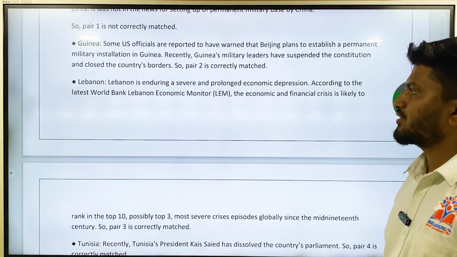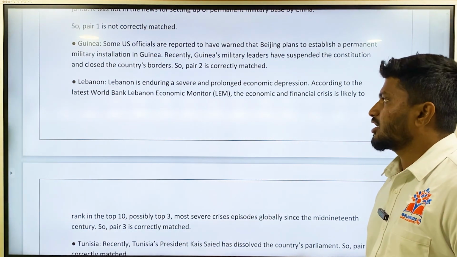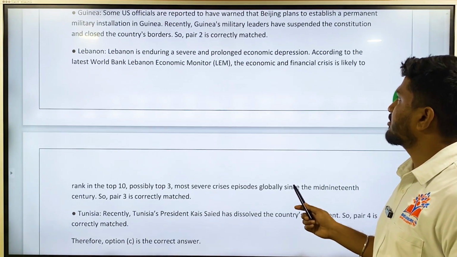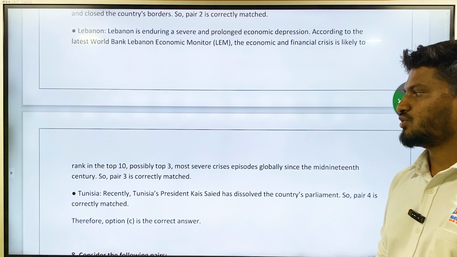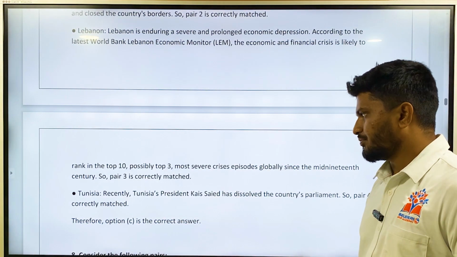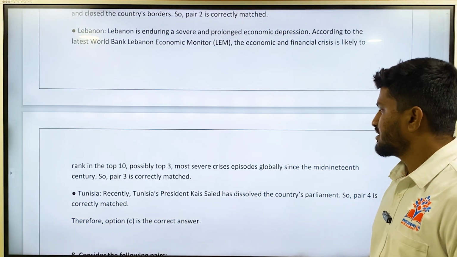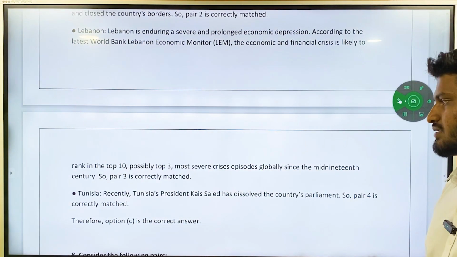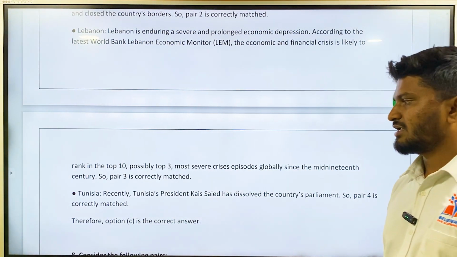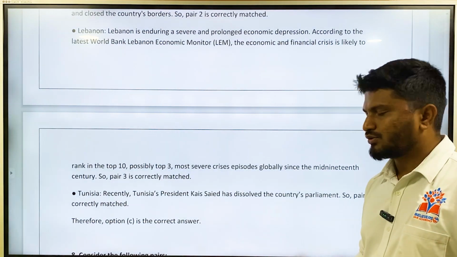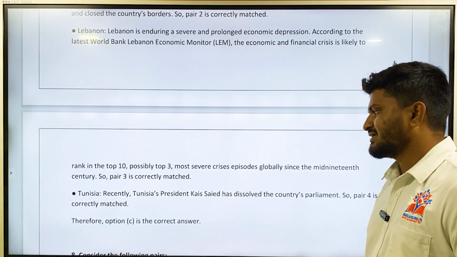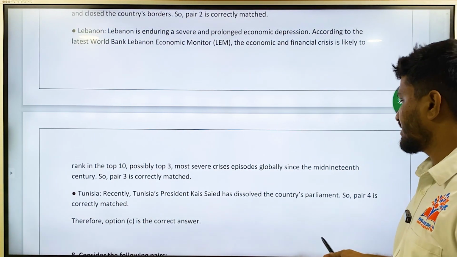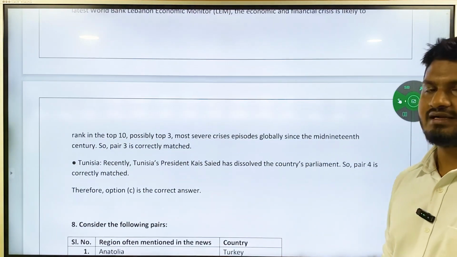According to the latest World Bank Lebanon Economic Monitor, the country's economic and financial crisis is likely to rank in the top 10, possibly top 3, most severe crisis episodes globally since the mid-19th century. So pair 3 is correctly matched. Final pair is Tunisia. Recently, Tunisia was in the news because Tunisia's president Kais Saied dissolved the country's parliament. So pair 4 is correctly matched.